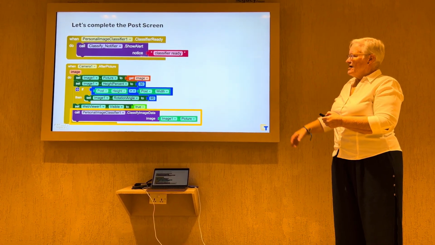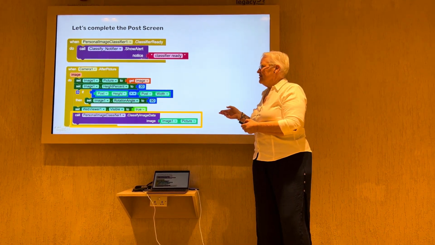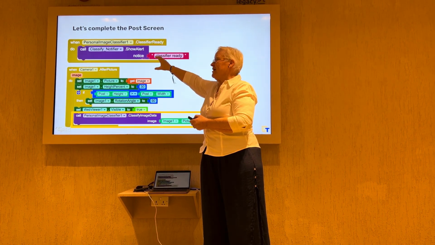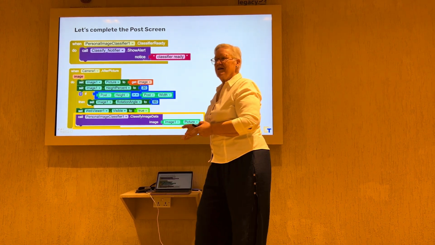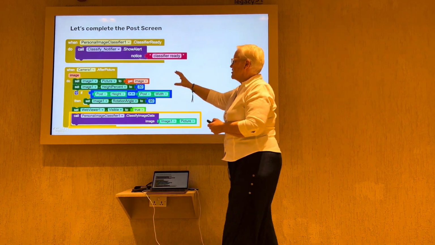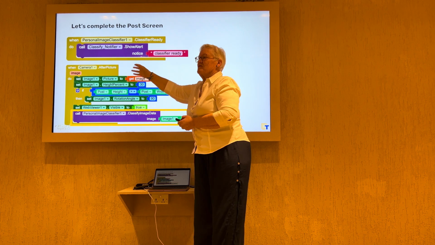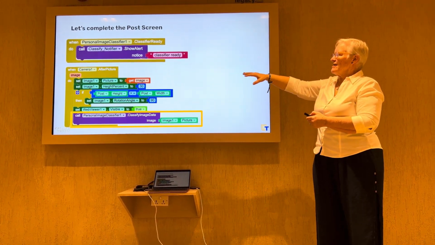Okay, so this can give you just an idea of what the blocks look like in App Inventor. So the personal image classifier, that's the classification. Everything is, if you can see, like puzzle pieces, and they're color coded. So the gold ones are events, like the classifier's ready after the picture's taken. And then within that, we have things that are taking action, setting things.